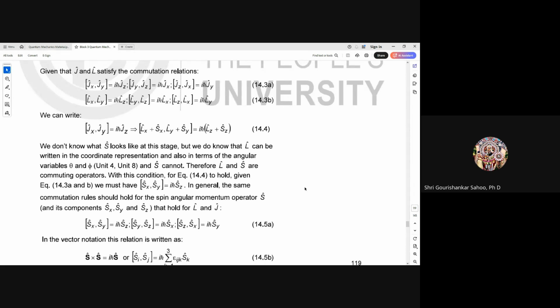Why it cannot be represented in terms of theta and phi, we shall discuss. And your L cap, S cap are commuting operators.